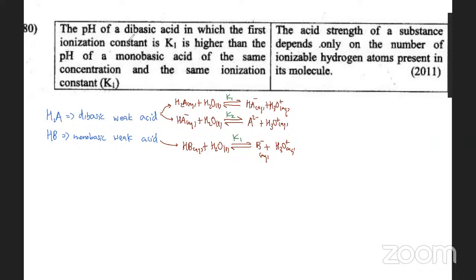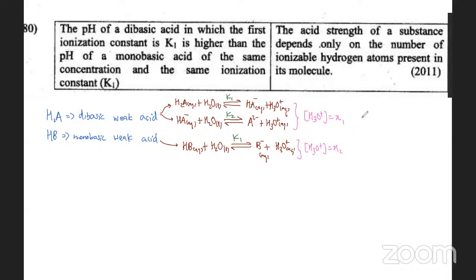So they are saying the pH of dibasic acid in which the first ionization constant K1 is higher than that. No, I don't agree with that. Now here I'll take the H3O plus concentration to be X1, and here let's take the H3O plus concentration as X2.